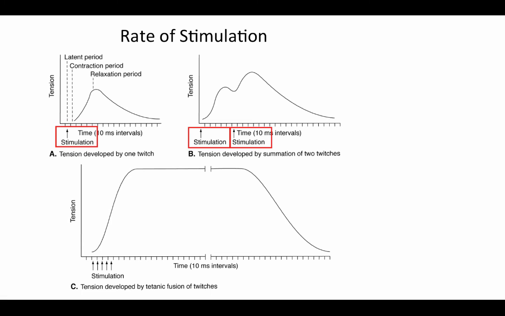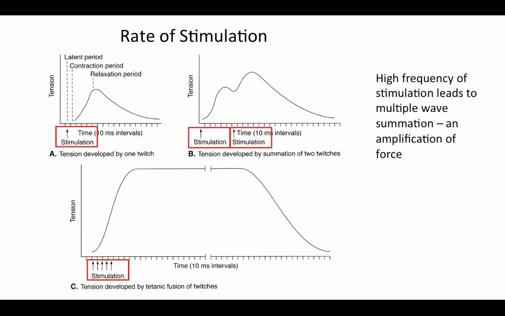This is the point at which there's plenty of calcium available. Cross bridges are going to be made continuously as long as that calcium is available. A high frequency of stimulation is going to lead to this phenomenon that we call multiple wave summation. So we get multiple waves of stimulation. They're going to sum together to reach this maximal level of force at this point called tetanus.